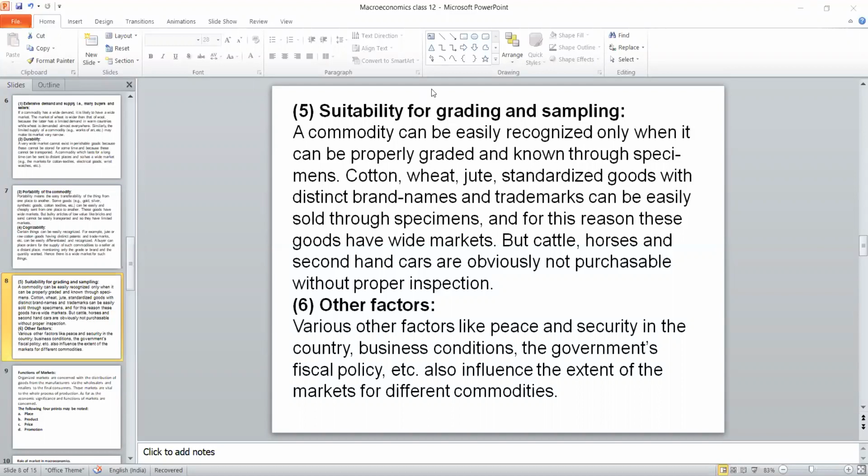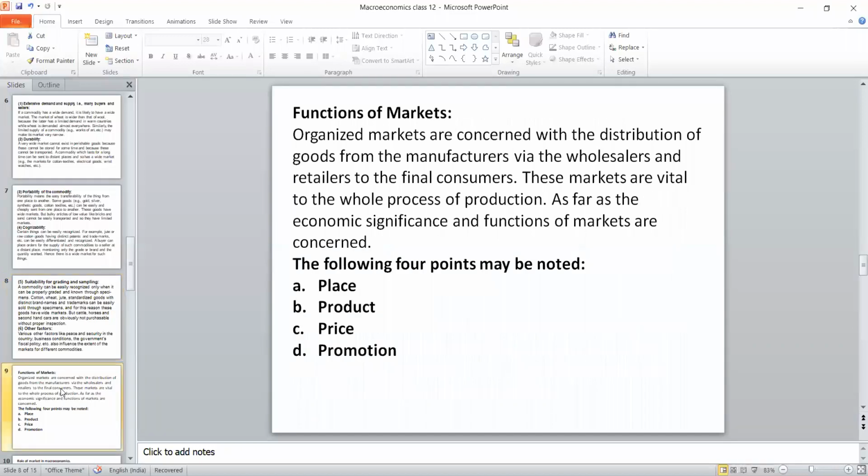With these six, let's move to the next topic: what are the functions of market. As far as the functions of market, we have to confine ourselves to the 4 P's. What is the role of these 4 P's? It will give the list of functions the market contributes to the economy. The 4 P's are place, product, price and promotion.